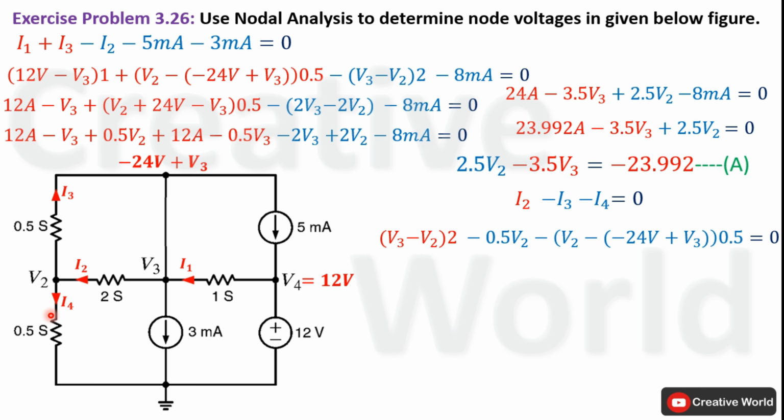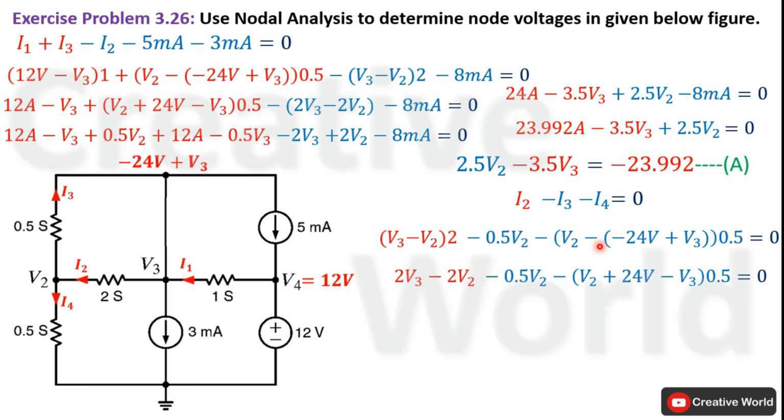Here V2 is appearing across this conductance, so whatever the value of conductance is, this value will be multiplied with V2 in order to calculate the value of current I4 with respect to this ground or reference node. Now open these brackets, 2 will multiply with V3, it will become 2V3 minus 2V2 minus 0.5 V2.